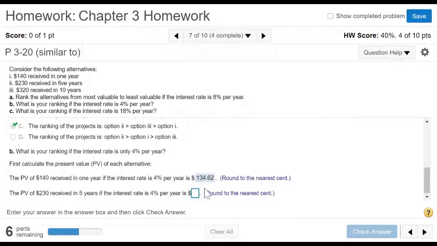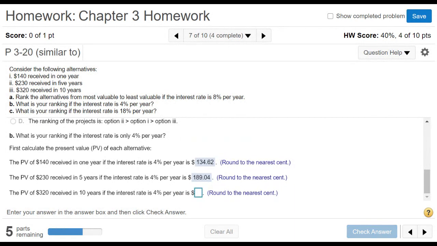Next. $189.04. Last one. 216.18. I can't hear that. One more time. 216.18.